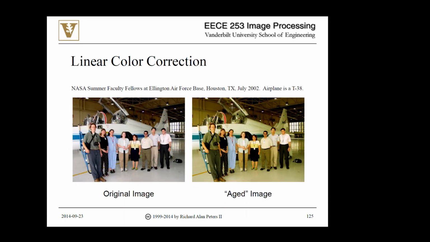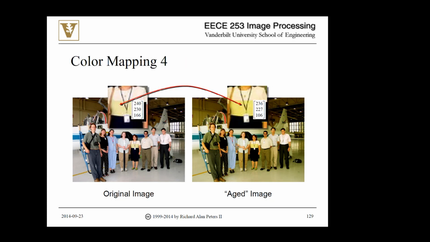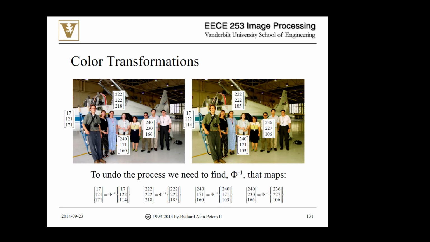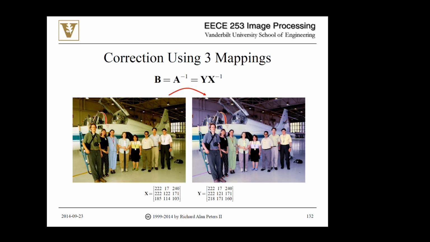Okay, so let's do it. We have here our original image, our degraded image, and our graded image. Now we find correspondences. We put all the correspondences in a matrix. These are our J and I matrices.